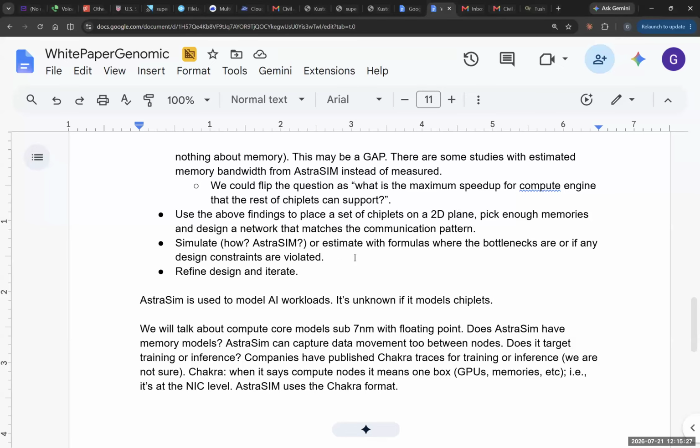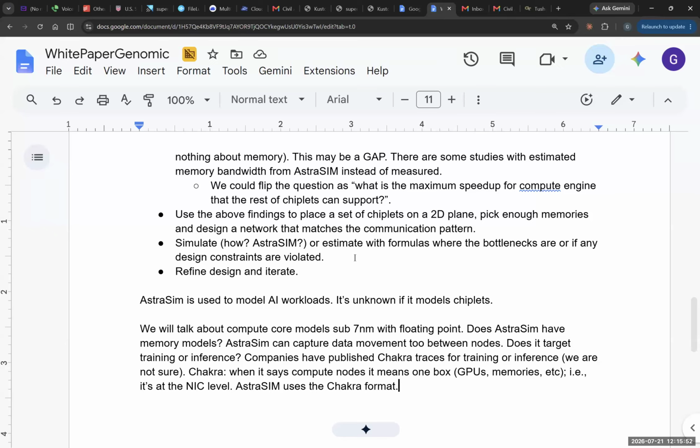And the compute node, as far as I understand it to be, is one kind of like a box. If it's a box with multiple GPUs, it will be the GPU as a whole, not just the GPU chip, but the GPU with its memory and things like that. If multiple GPUs are represented as one compute node, it will still represent it as one compute node. So you will not see what's happening between GPUs.